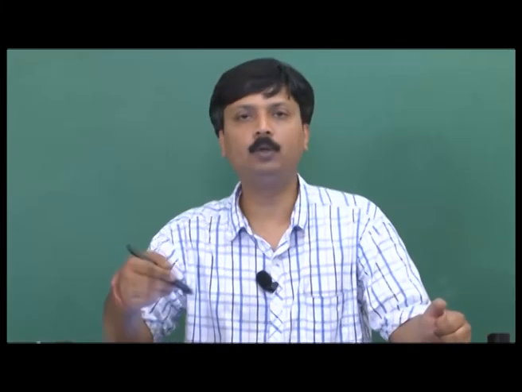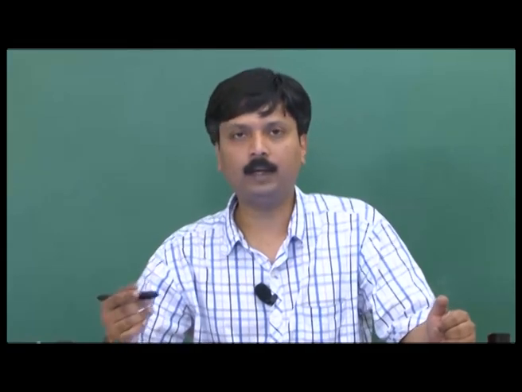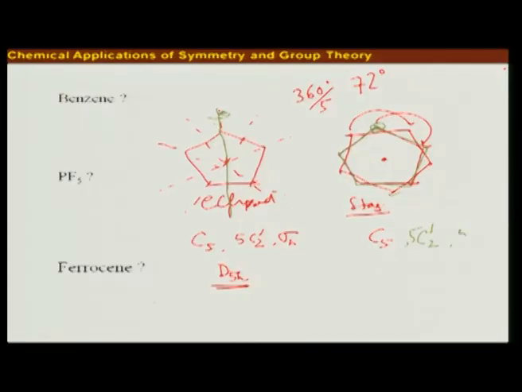You should be able to do that using pen and paper very easily. If you perform that, you will see there are 5 sigma d's. So that is sufficient to get the point group. So I have D5d point group for the staggered conformation of the ferrocene molecule.